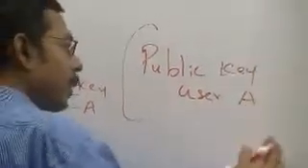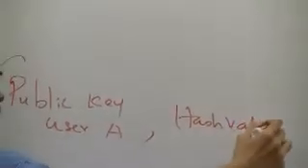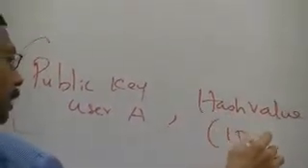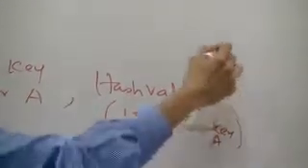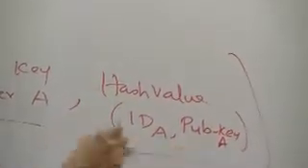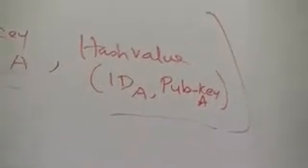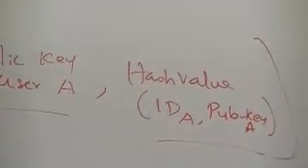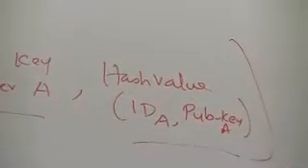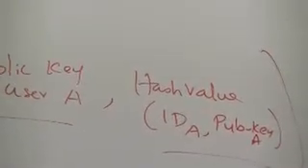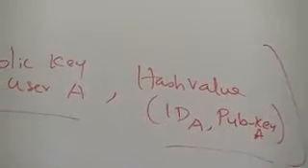To be exact, it is the public key and the hash value of certain things, the hash value of the ID of user A and all these things. So the actual public key and the hash value of all the identifying information of the user, the two things encrypted with the private key of the certifying authority. This is the public key certificate of user A.